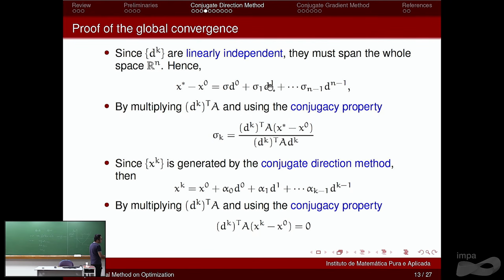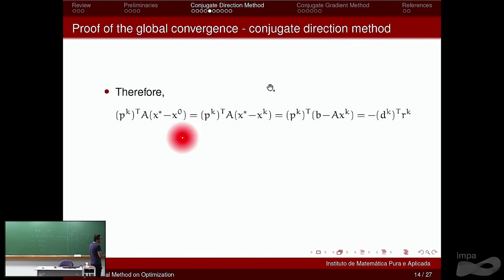Then this equals Dk transpose A (x star minus xk). Actually, A times x star is just b, because x star is a solution.